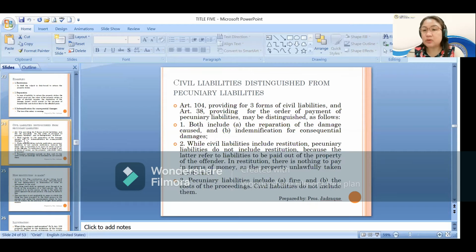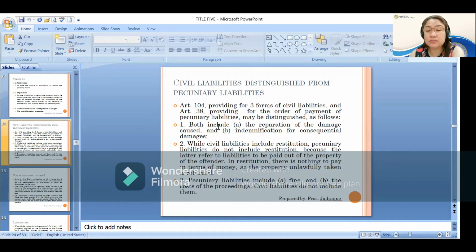I think you can still recall about pecuniary liability. So how do we distinguish pecuniary liability from the civil liability that we have just mentioned? Now, Article 104, which provides for the three forms of civil liability, Article 38, on the other hand, provides us for the order of payment of pecuniary liabilities, which may be distinguished as follows.